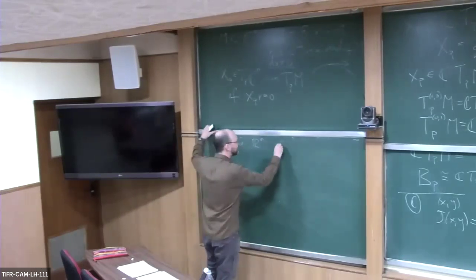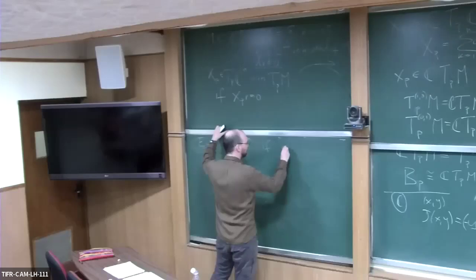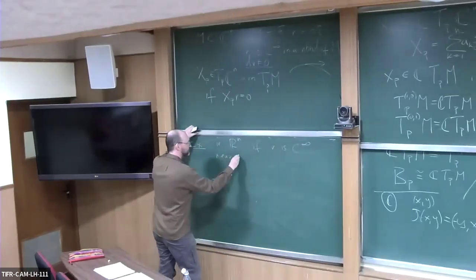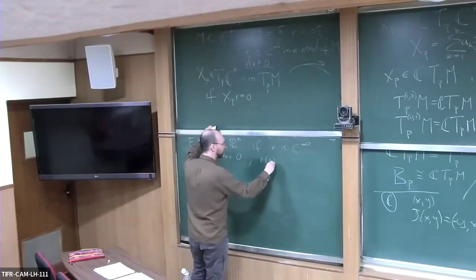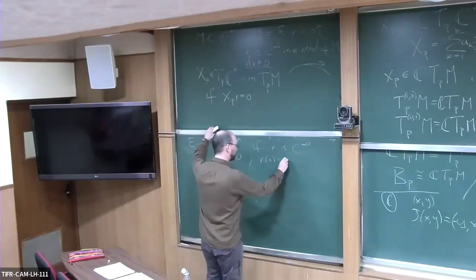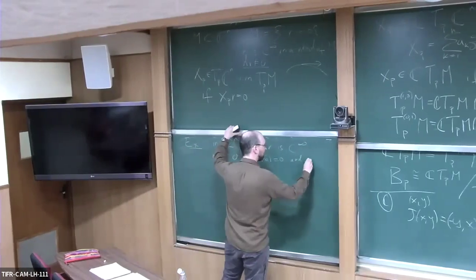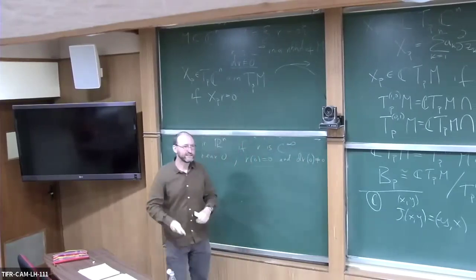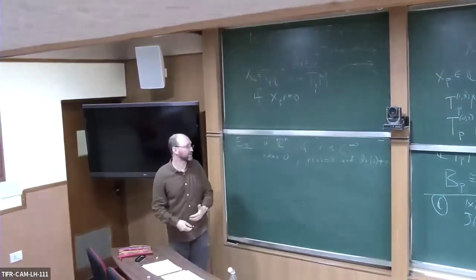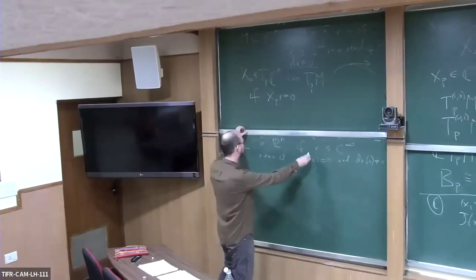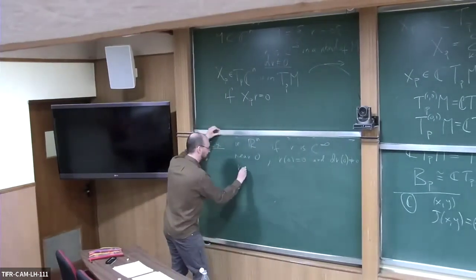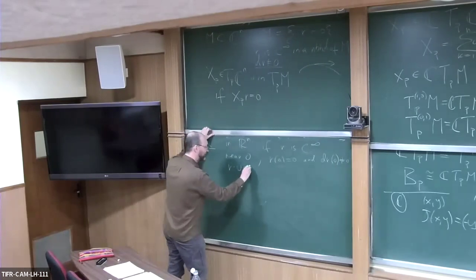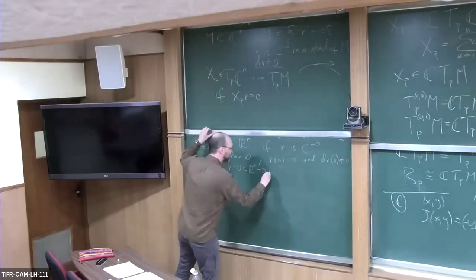So in Rn, if r is smooth near 0, and r(0) is 0, and dr(0) is non-zero, so that this is a defining function of some set in some U in Rn.